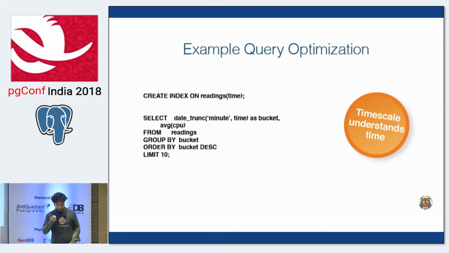And the fundamental reason why the date_trunc function doesn't allow you to use the index anymore is that now Postgres doesn't know anything about the ordering properties of time in relation to date_trunc of time.